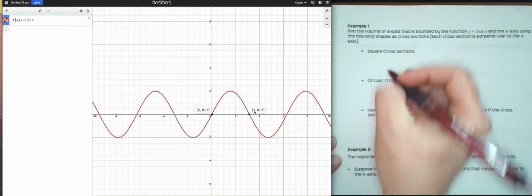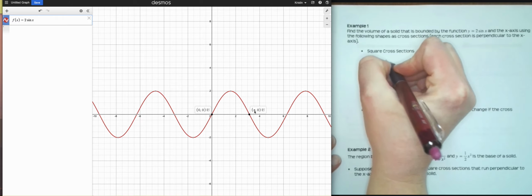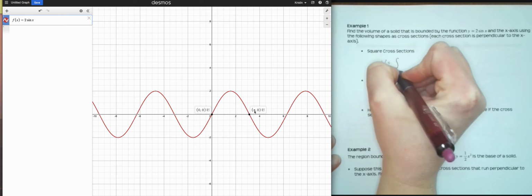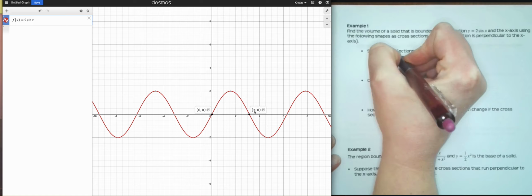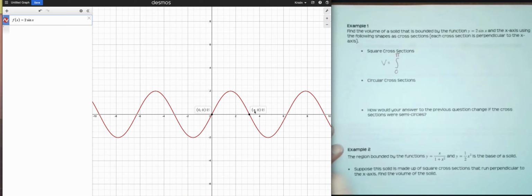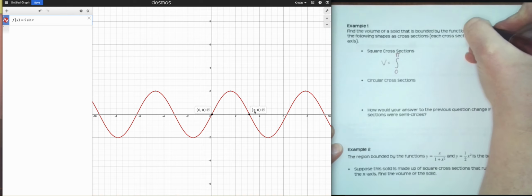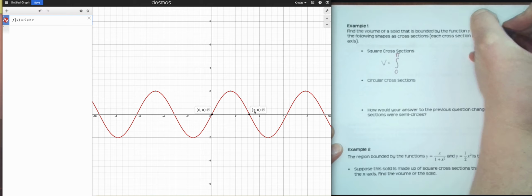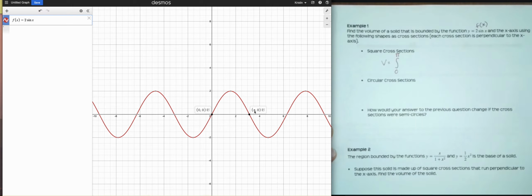So to set up this integral, I'm going to say volume equals an integral from 0 up to pi. And then I want to think about what f of x is and what g of x is. Well, f of x is just this thing, right? The 2 sine of x. G of x in this one, they didn't give me a second function to intersect with.